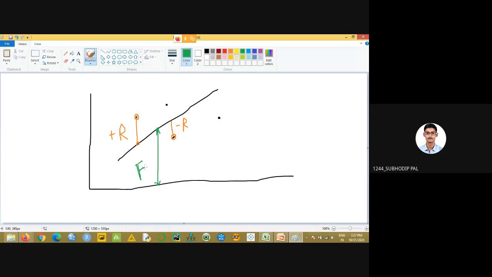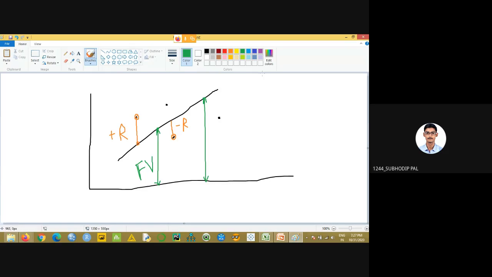Suppose the fitted value of this particular point means the distance between the x-axis and that point. Clear, everyone?